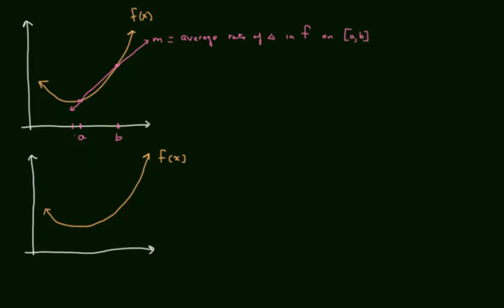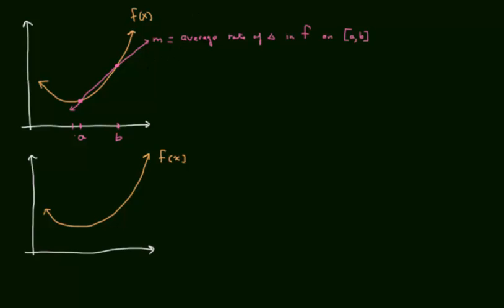If the only thing we're looking at is the purple line, then the slope never changes. The slope is always m, and the average rate of change is that value of m. But in the yellow curve, the rate of change is constantly changing, but the slope of the purple line connecting these two endpoints gives us the average rate of change.